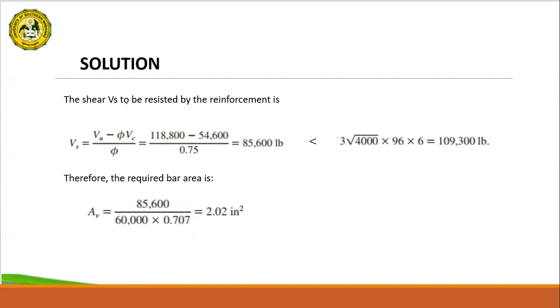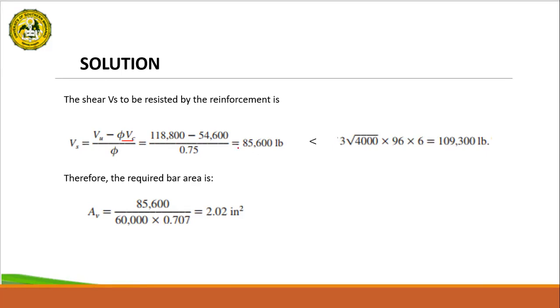So we have here the VS to be resisted by the reinforcement is equal to this equation. So we have VU minus VC times the reduction factor. So we have here 118,800 pounds for the VU, and then 54,600 for the VC, no?